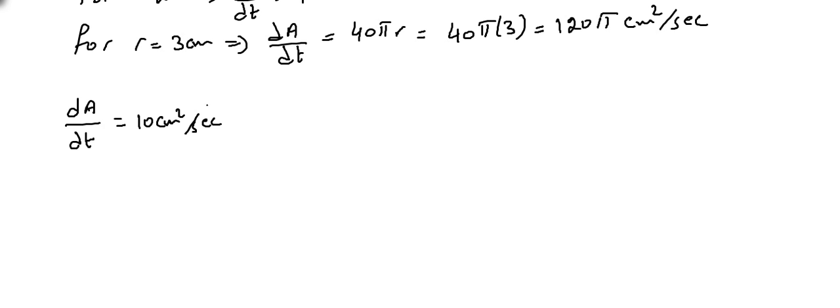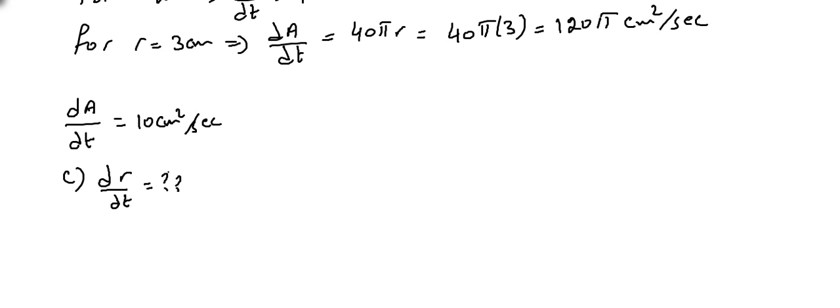Let's find part C. Find the rate at which the radius is changing. So we need to find dr/dt.